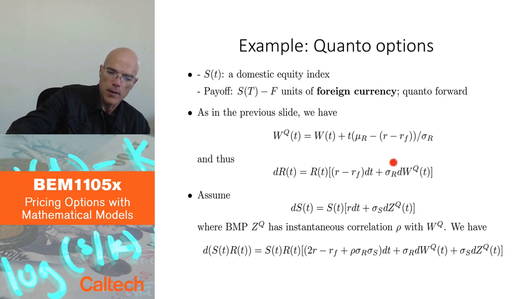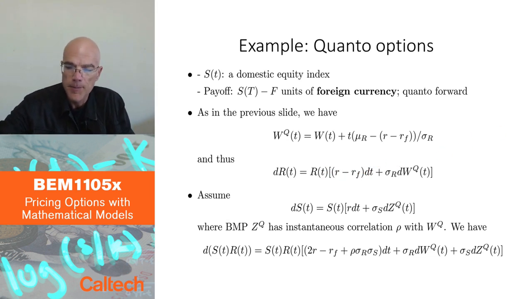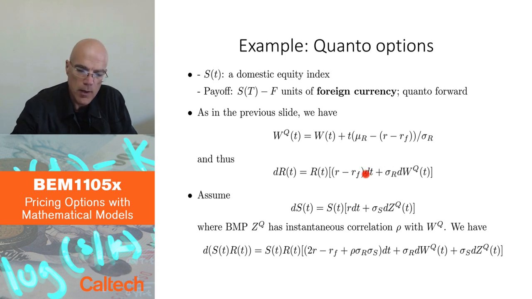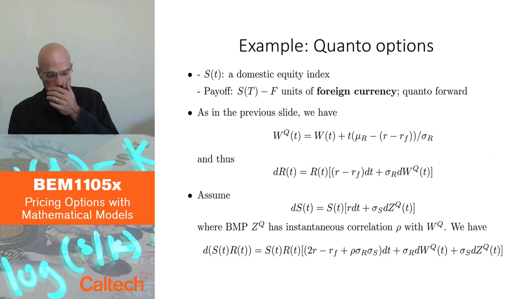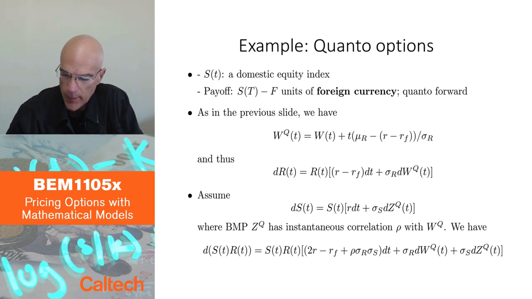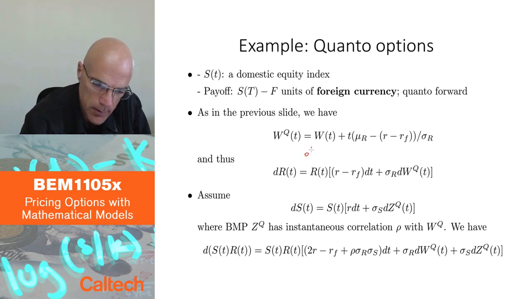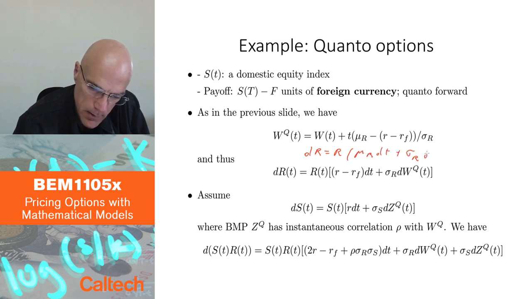Again, that's just by replacing in the model for dR, which was mu_r dt plus sigma_r dW. You replace dW by dW^Q from this relationship, and you will get this. Maybe just to write it down to remind you in case you forgot: I know that dR is equal to R mu_r dt plus sigma_r dW.